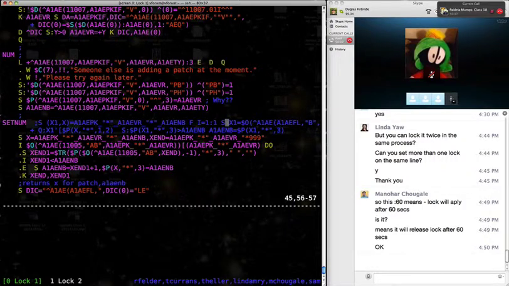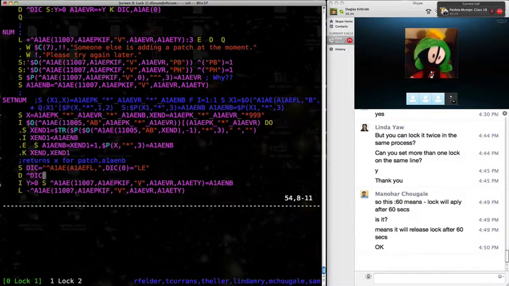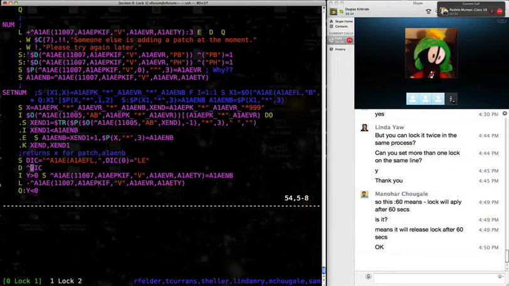And again, you could see a lot of the work actually involves getting variables and incrementing them. Now, if he actually used FileMan, he would not need to do that. But he does the locking as well for FileMan, but it's not strictly necessary.